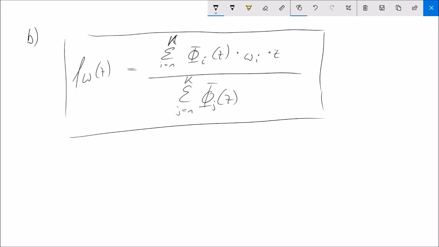And now we have to define what exactly our basis functions are. And these basis functions we are using in our lecture are normalized radial basis functions.